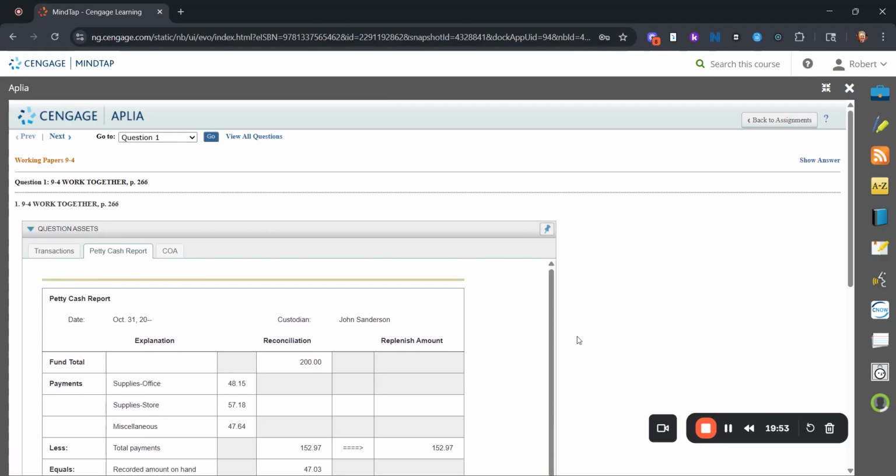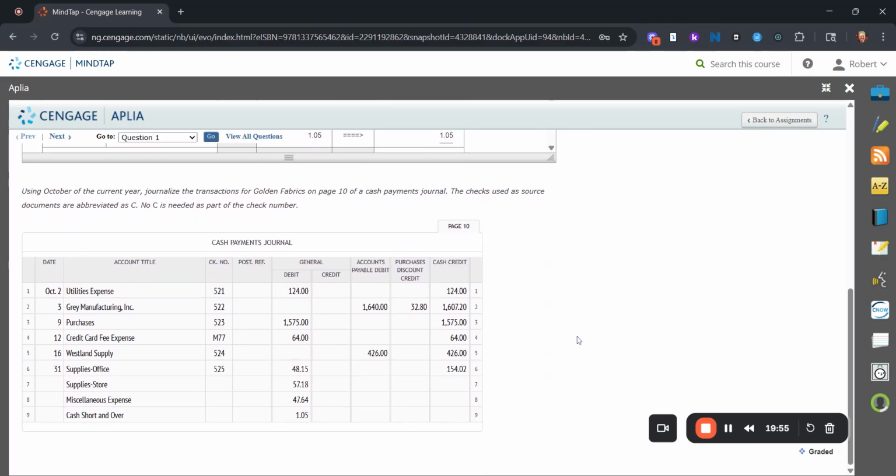Just making sure there weren't any other steps. All right. So that is the 9-4 work together.